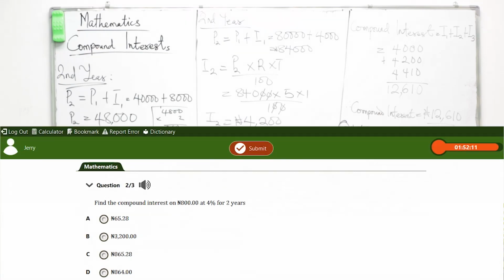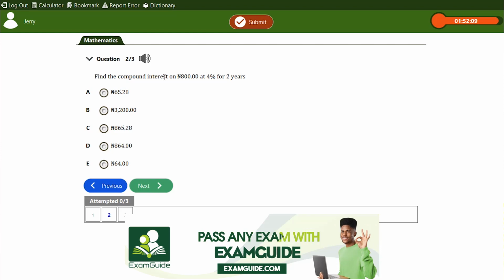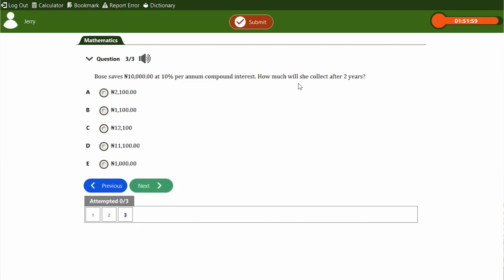Let's see if we can take one more. They say this is for 2 years too, so it's still the same thing that Bosse saves, okay, how much will she collect after 2 years? I think this is a better question. This one, find the compound interest. I want you to take it as an assignment.